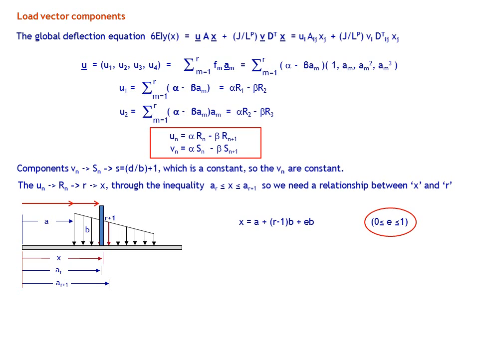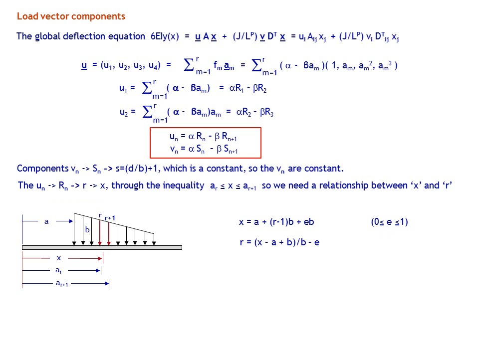If we introduce a new quantity e, which is greater than or equal to 0 and less than or equal to 1, then we can specify the position of x between the 2 point loads as eb. So we have x equals a plus r minus 1 b plus eb. We don't in fact need to bother with the term eb, as it will be made to vanish when we go over to solid loads, but I'll put it in to be accurate.